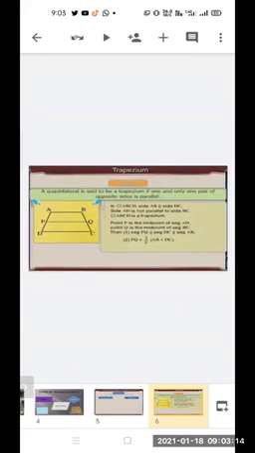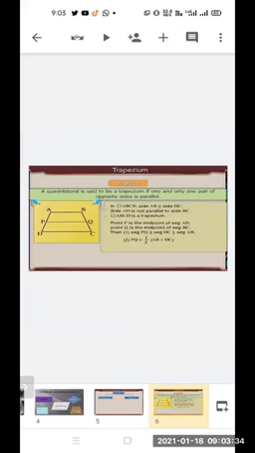So after that, we have discussed, children, the isosceles trapezium. In the previous lecture, we discussed what an isosceles trapezium is. You have studied the isosceles triangle. You are familiar with that. What is it? If two sides of a triangle are equal, we can say that it is an isosceles triangle.